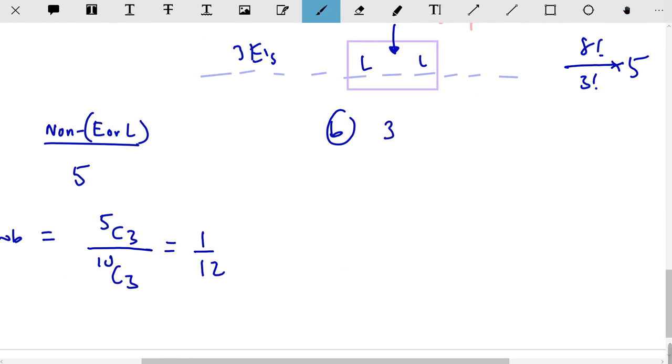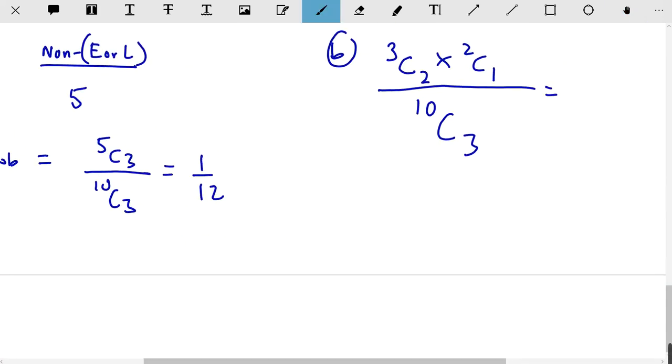So out of the 3 E's, I need to choose 2 E's, and then out of the L's, I need to choose 1. Then 10 choose 3. So this would be the probability they are looking at.